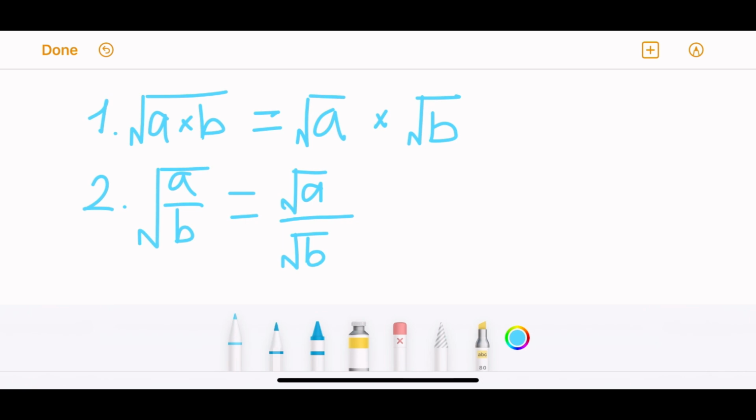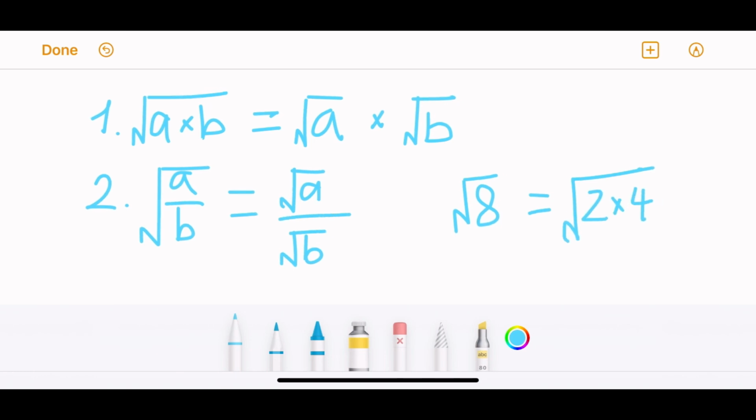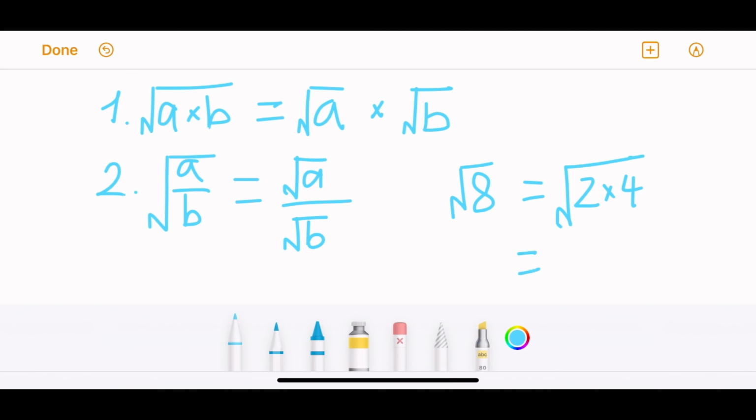So let's have a look at an example. If I want to simplify square root of 8, then what I will do is separate 8 into 2 times 4. Then I can take out the 4, so it will become square root of 2 multiplied by square root of 4.